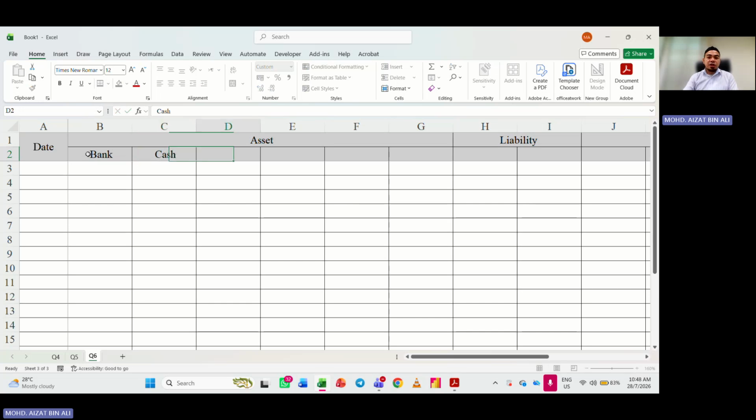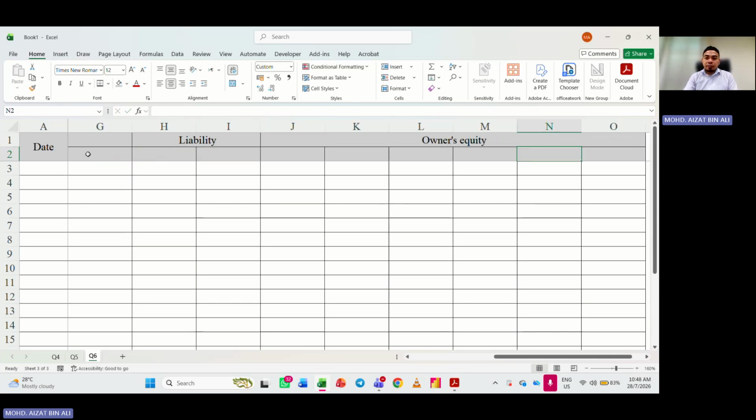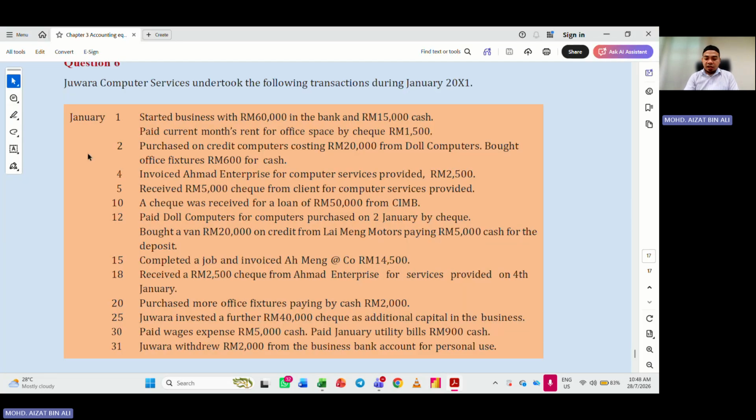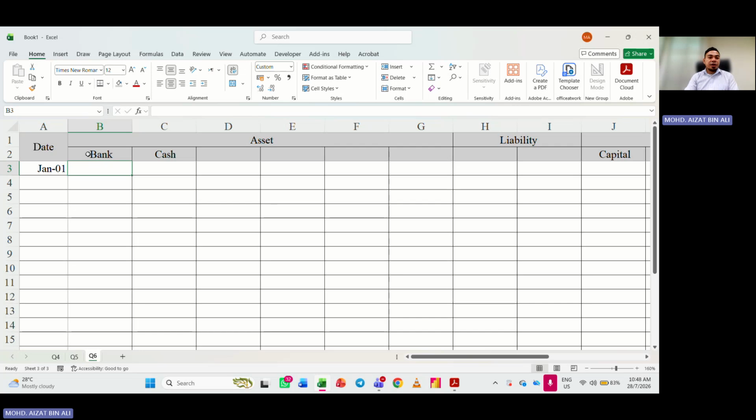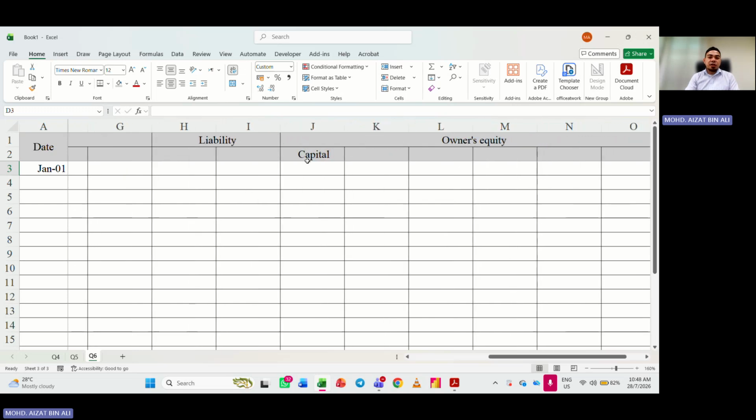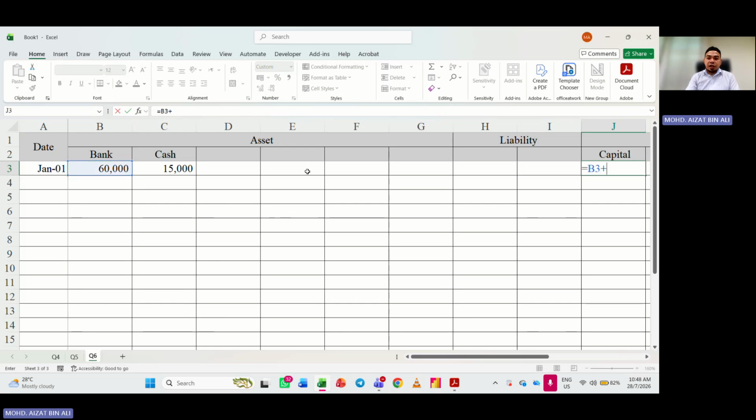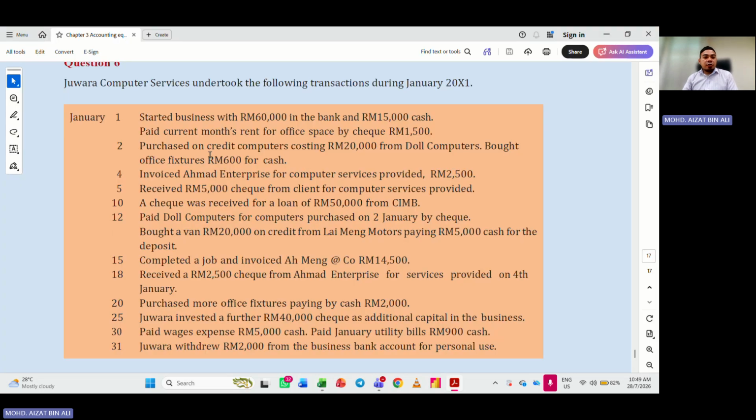Secondly, we have cash. And under owner's equity, we have capital. So first, was it 1st January? Yeah, 1st January. Bank 60,000 ringgit, cash 15,000 ringgit, and the total of this would be the capital. So let's take our bank plus our cash. All right, 75,000 ringgit.